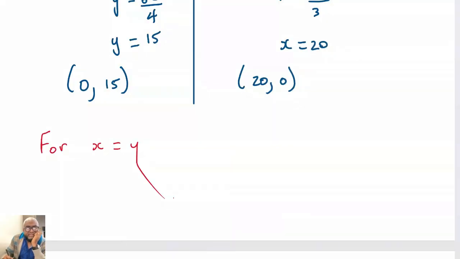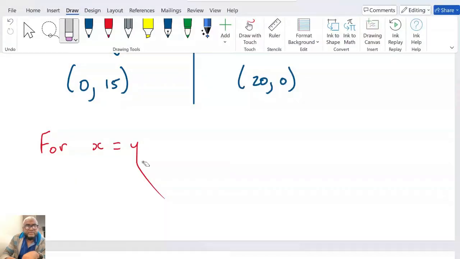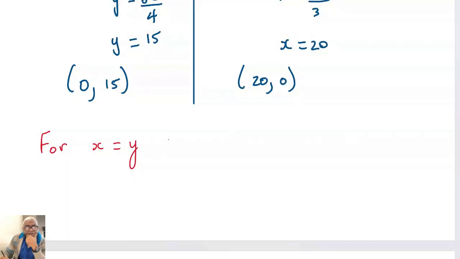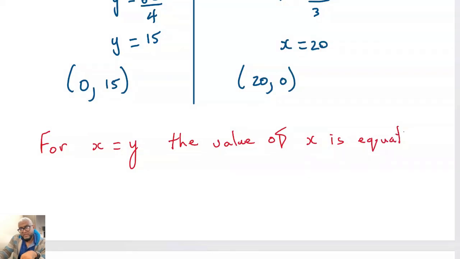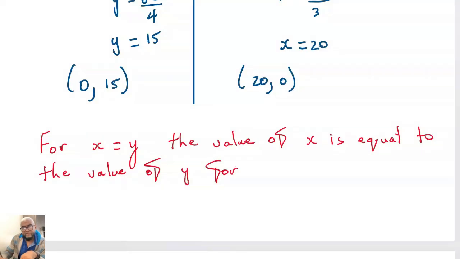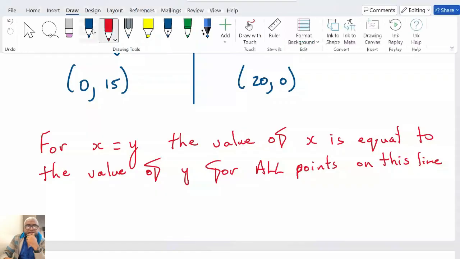For x is equal to y, the value of x is equal to the value of y for all points on this line.